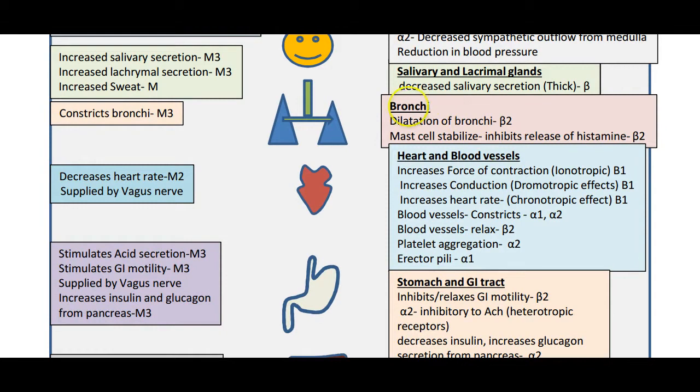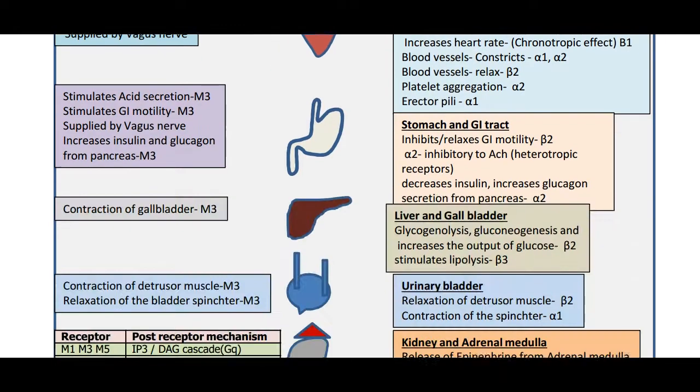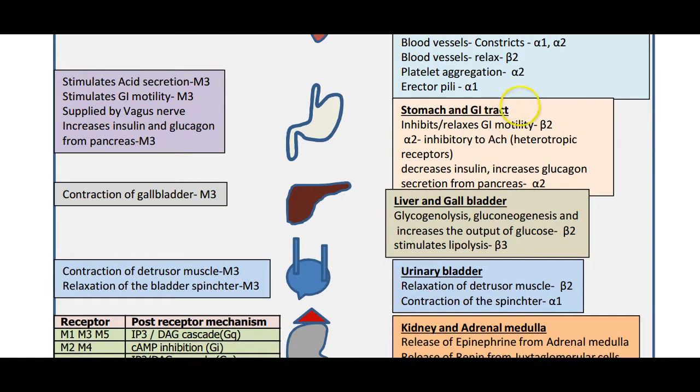The important locations are bronchial smooth muscles, where it causes dilatation. And if you look at the blood vessel smooth muscles, there it also causes relaxation, so it causes actually vasodilatation in the blood vessels. And they are also present in the whole GI tract, beta 2 receptors, and they cause relaxation of the GI tract, and it inhibits the GI motility.